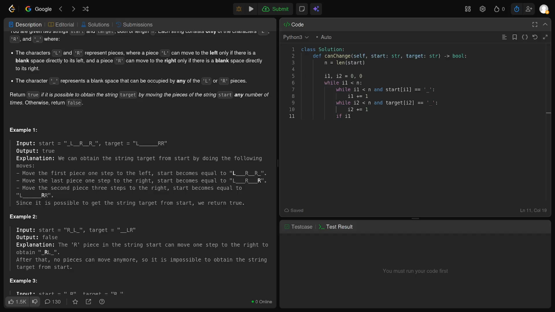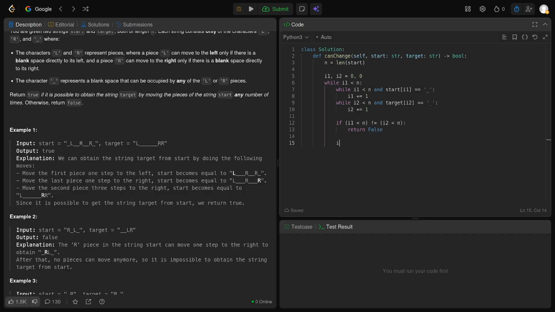If I1 under n doesn't equal I2 under n, return false, meaning we have a different count, right?